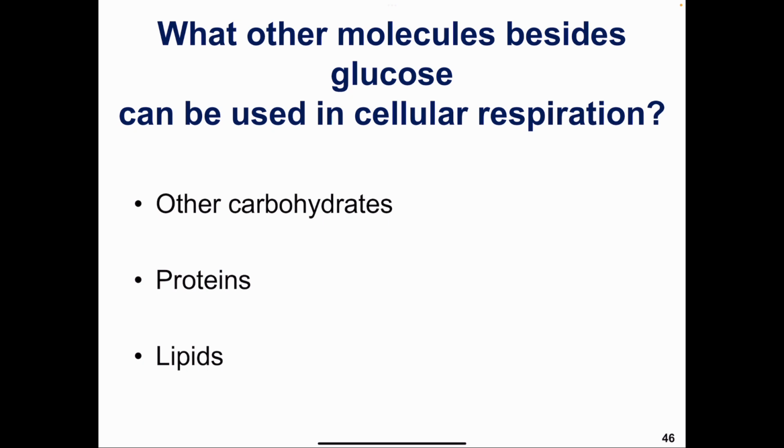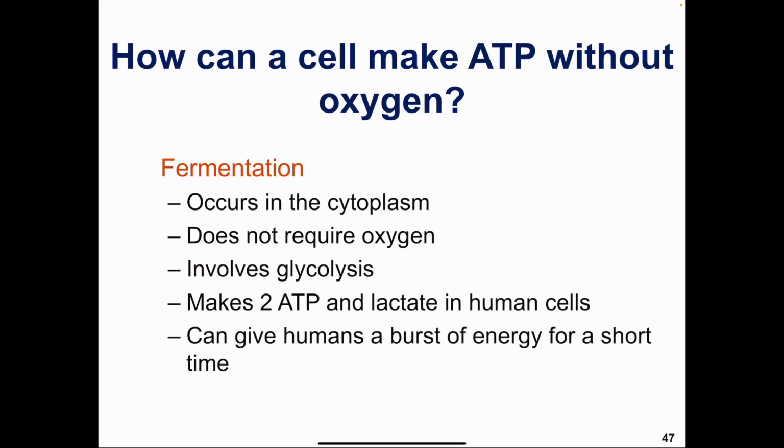At that point, our muscles are going to enter a type of metabolism that is fermentation. Fermentation occurs in the cytoplasm. This process does not require oxygen, and relies extensively on glycolysis, which produces only 2 net ATPs for 1 molecule of glucose.